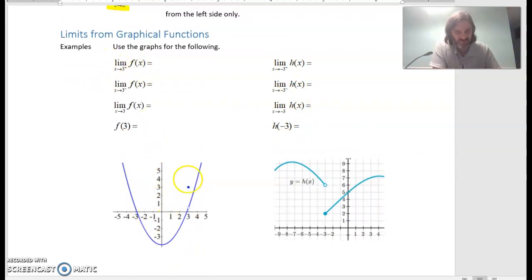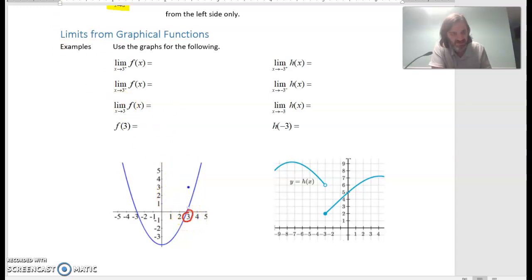So I've got a graph of a parabola down here with a point missing, but it says the limit as x approaches 3 from the positive side. So that means I'm going to follow my graph from the right-hand side up to where x is 3.